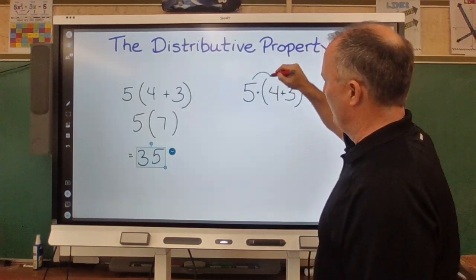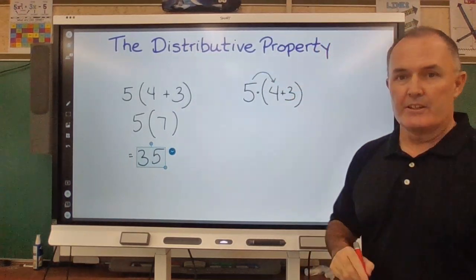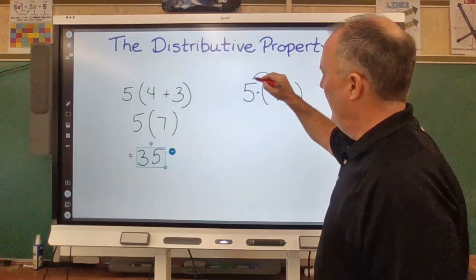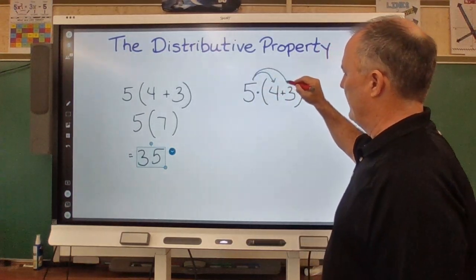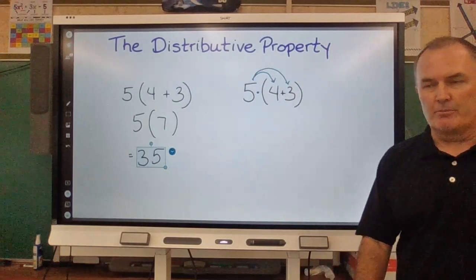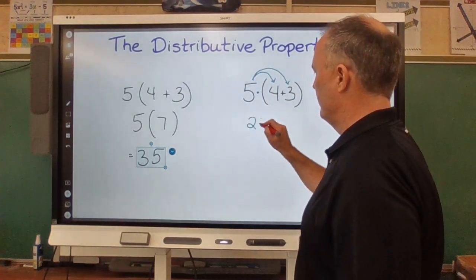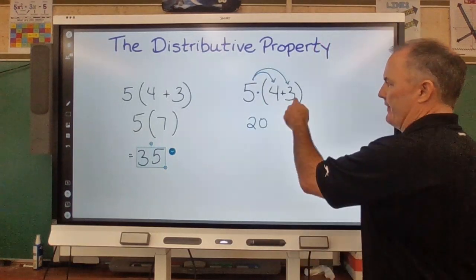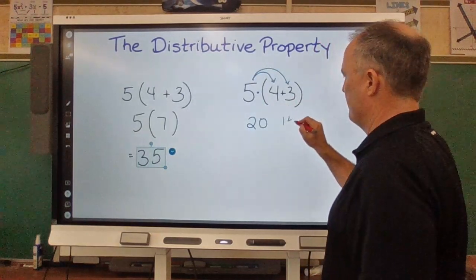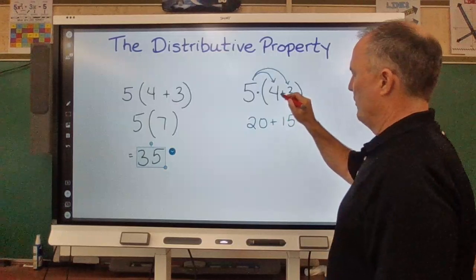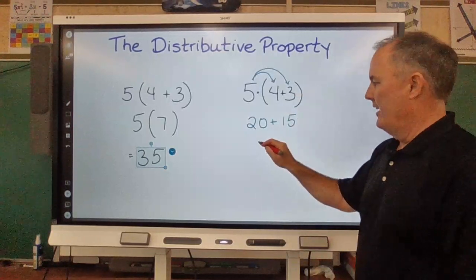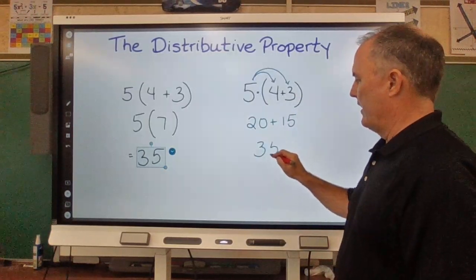All we're going to do is take 5 and multiply it times the first term on the inside and take 5 and multiply it times the second term. So 5 times 4 is 20. 5 times 3 is 15. Once again, we're adding them together, and we still get 35.